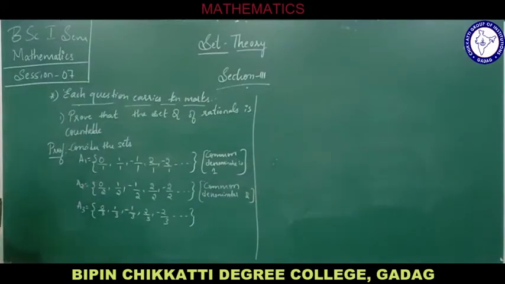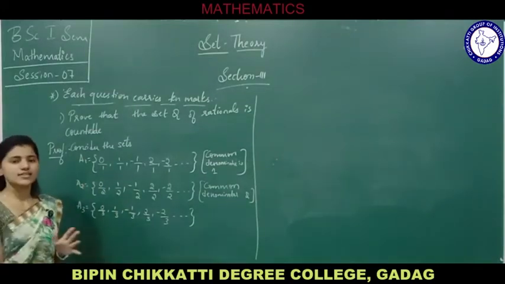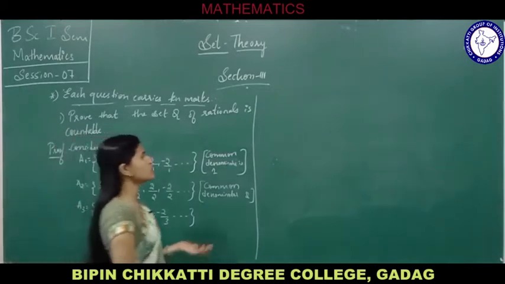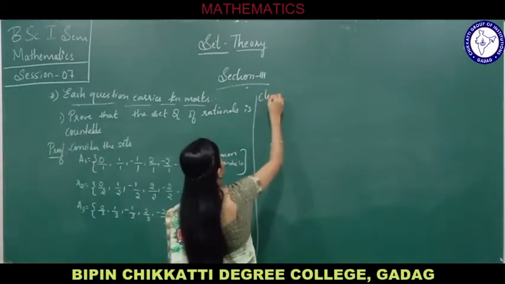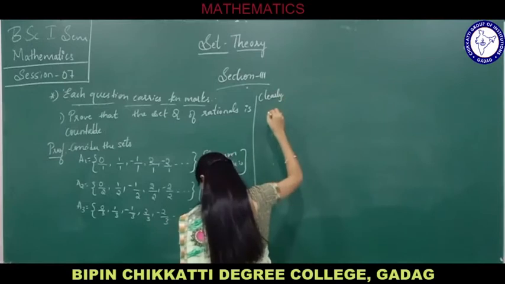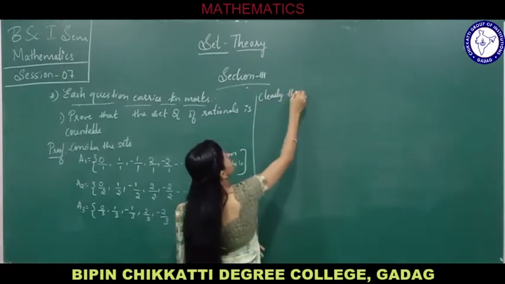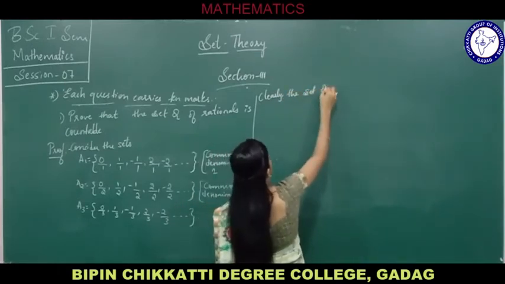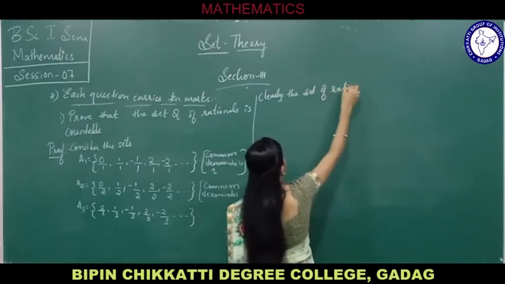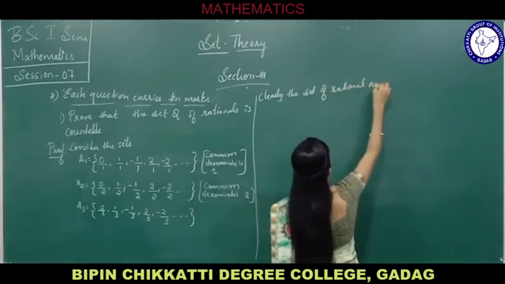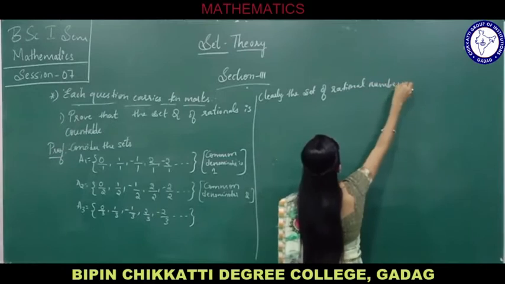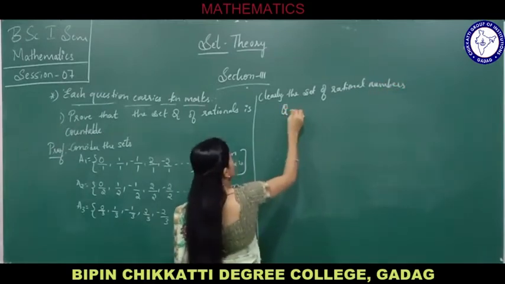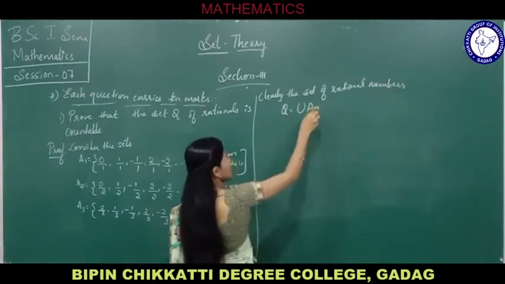So how are we going to write now? Clearly the set of rational numbers Q is the union of An, right?